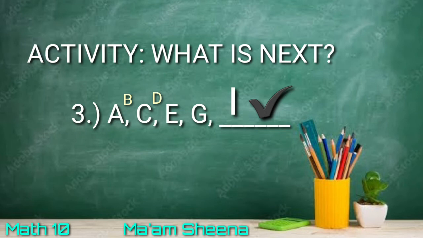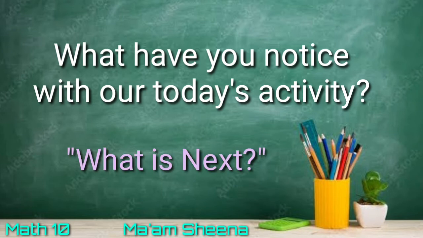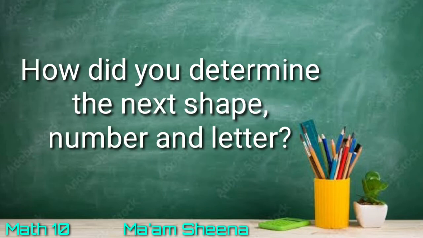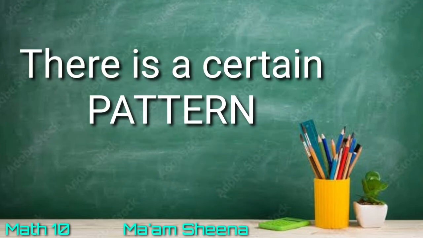So very good. So what have you noticed with your activity today? So ano ang natukiban or ano ang inyong na-discover for your activity today, which is entitled What's Next? So how do you determine the next shape, the next number, and the next letter? So yes, if you can notice, class, what we've done earlier in our activity, there is a certain pattern.